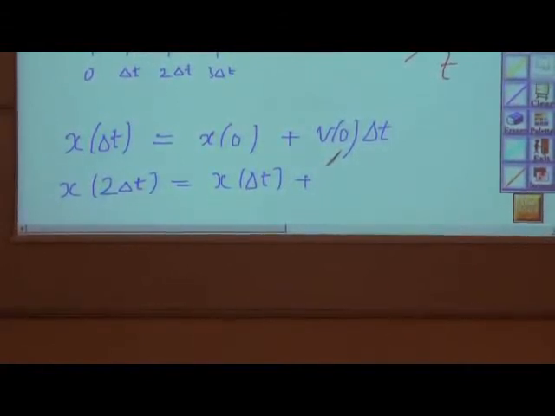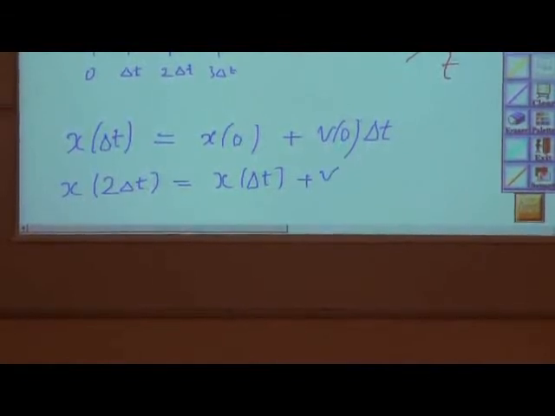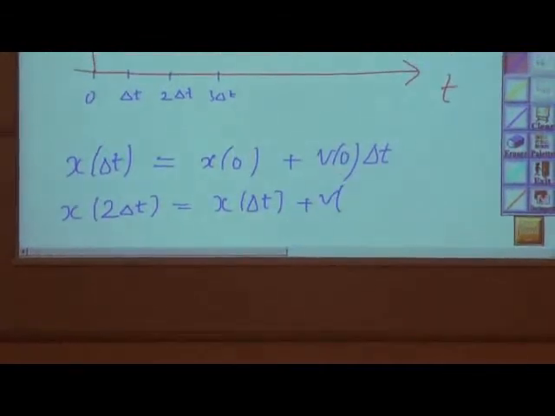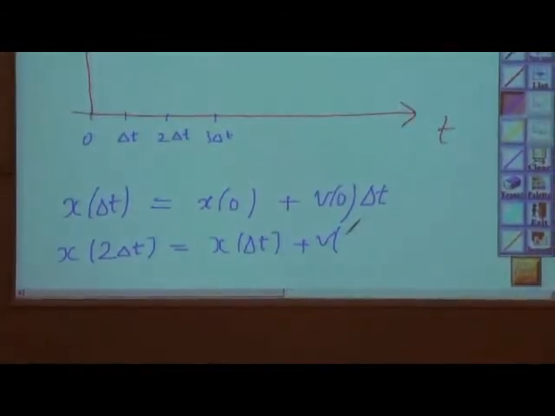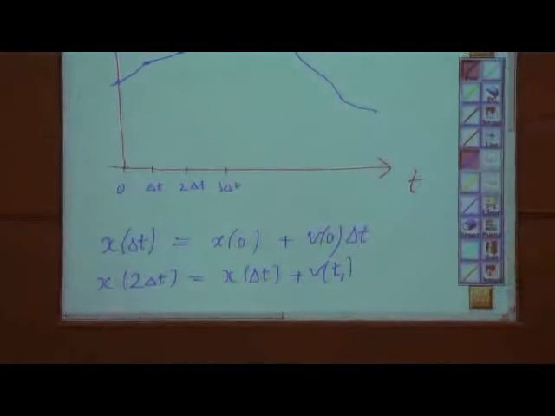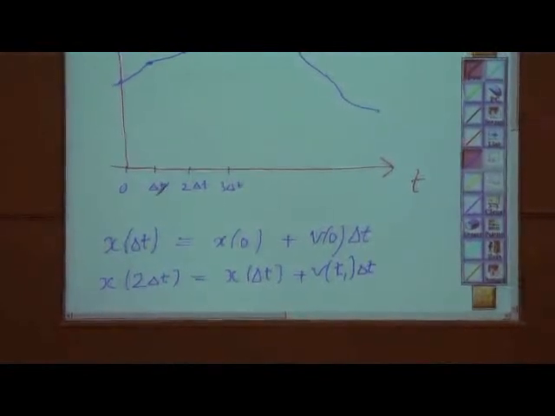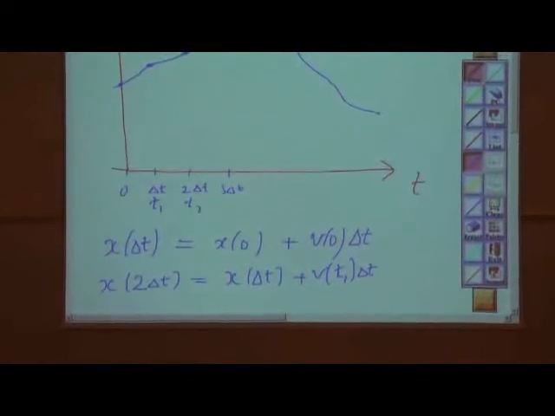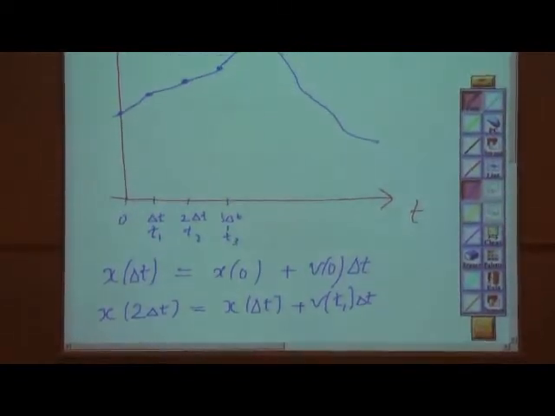Now, if you want to find the position at time 2 delta t, this is going to be the position that you already calculated at time delta t plus a velocity times the new time interval, right? What velocity shall I write here?